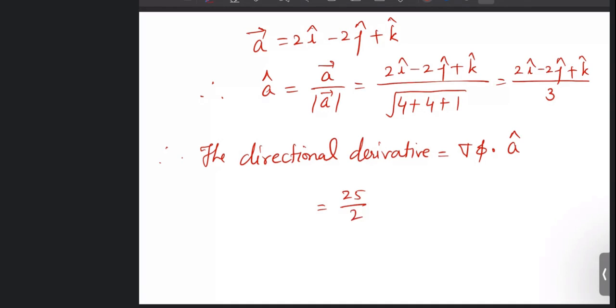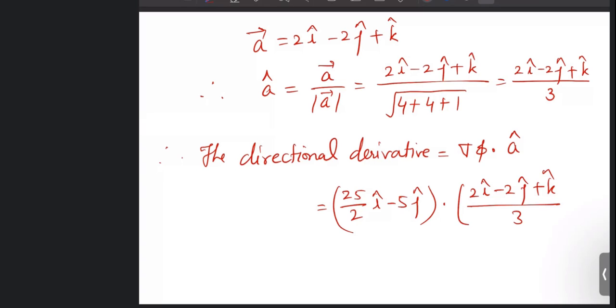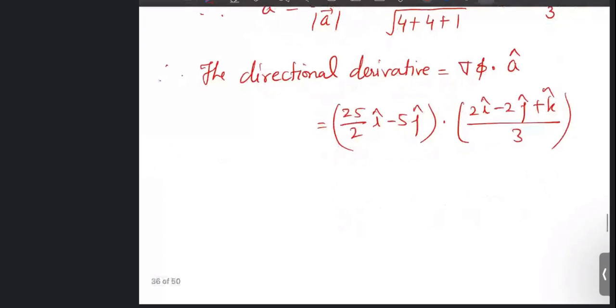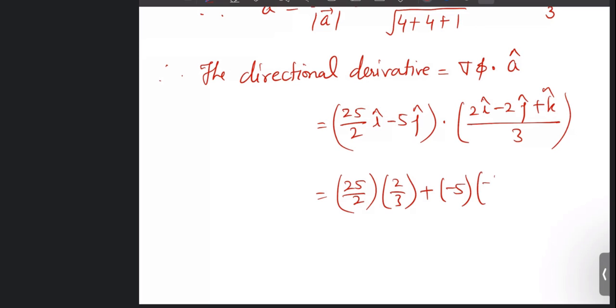Del phi is 25 by 2 i minus 5j, dot product with (2i minus 2j plus k) divided by 3. In a dot product, only the products of i with i, j with j, k with k are required. The remaining vanish. That is 25 by 2 into 2 by 3, plus minus 5 into minus 2 by 3, and the third becomes 0, that is 0 into 1 by 3.